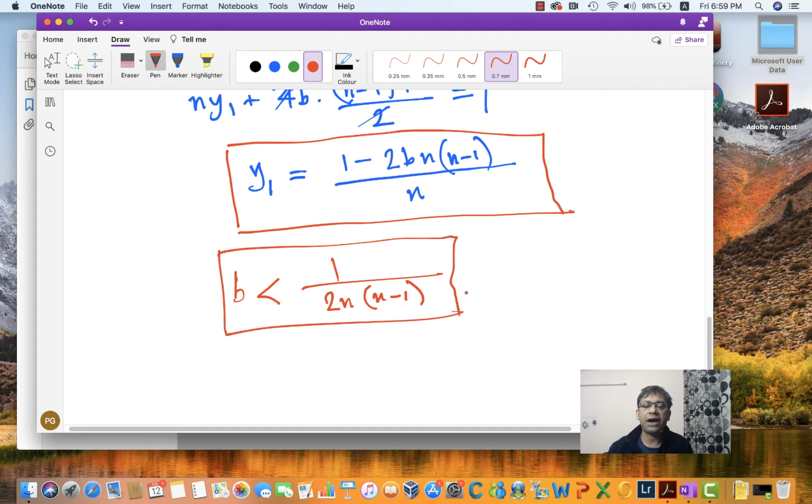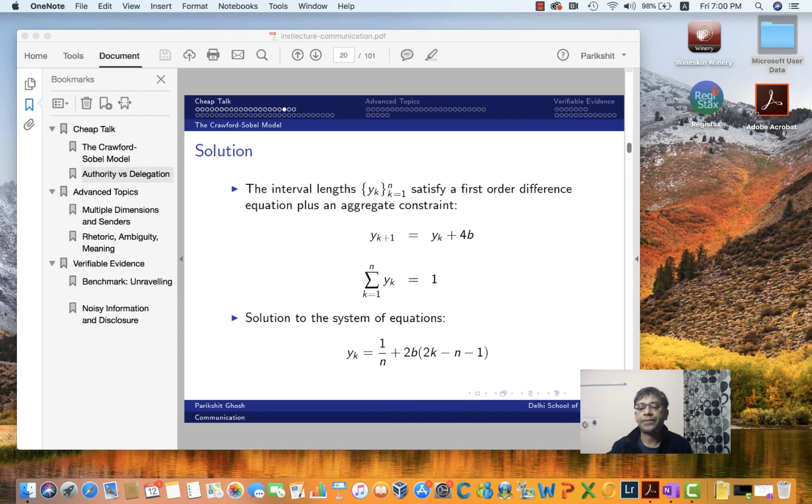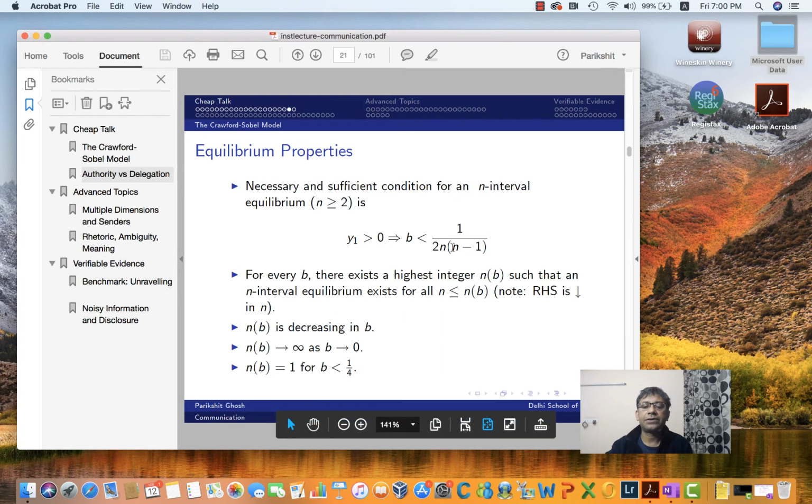So as long as the bias is not too large, in fact I can put a less than or equal to, as long as the bias is not too large, specifically it's not larger than this, we will be able to construct a partition equilibrium with n intervals. So that's what we have here.